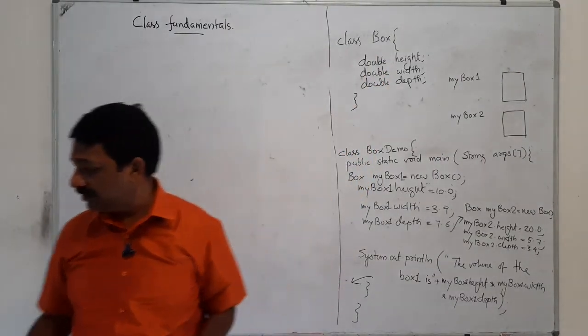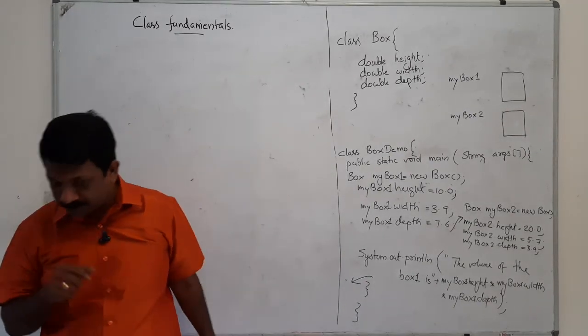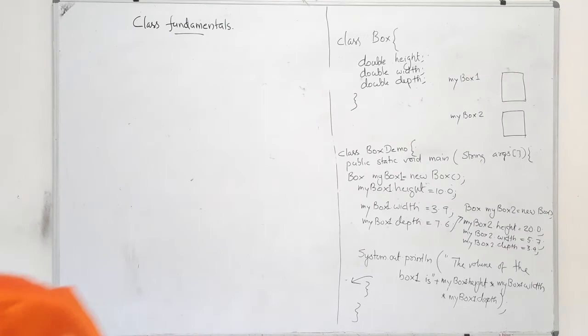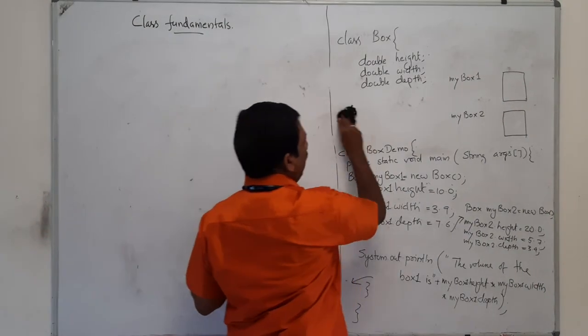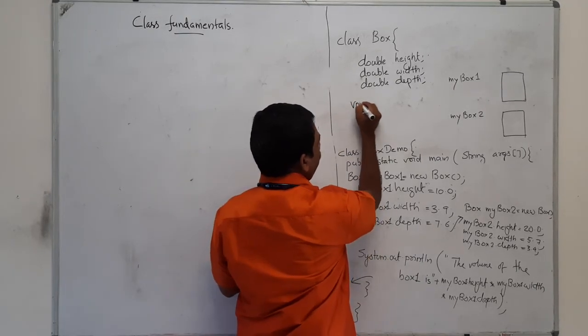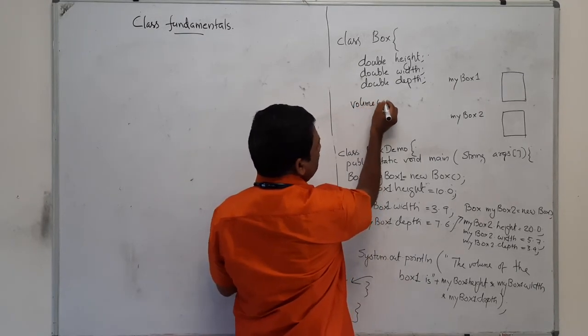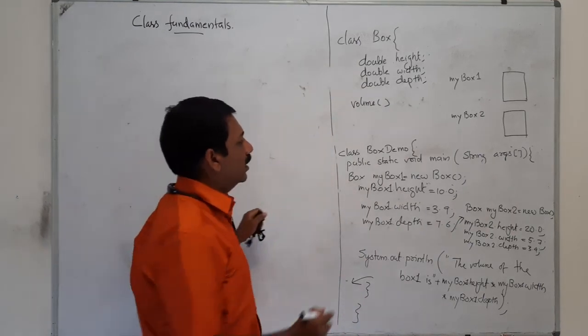So I am going to have it here. Here I am going to add a method, that means volume. Volume is a function which I am going to add here.